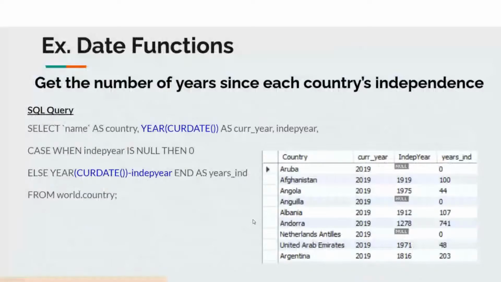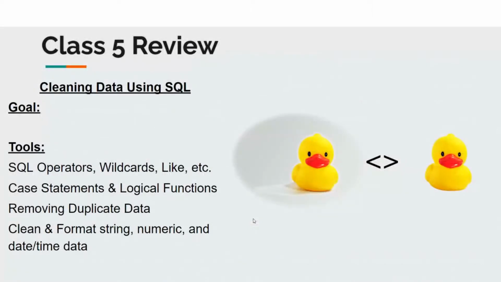And then just going down to the rest of the summary. The tools we learned, like I was saying: operators, wildcards, LIKE functions for straight text strings, case statements and logical functions, especially case statements with all of the different rules that you have for cleaning up a column. Removing duplicate data, we're familiar with that.